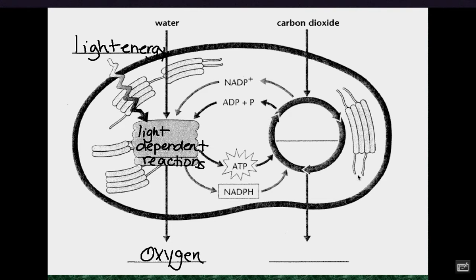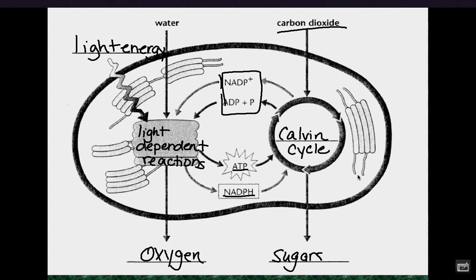We have ATP and NADPH coming over here to the Calvin cycle, where we have carbon dioxide coming in, and then it sends back to the light reactions the NADP plus and the ADP plus P. And the Calvin cycle kicks out the sugars. Now remember, the sugar that we're worried about most is our glucose.